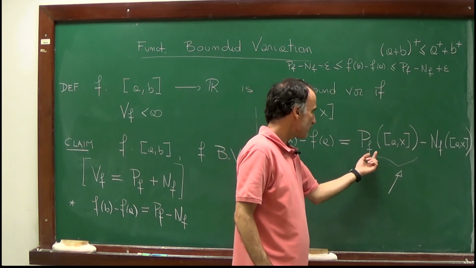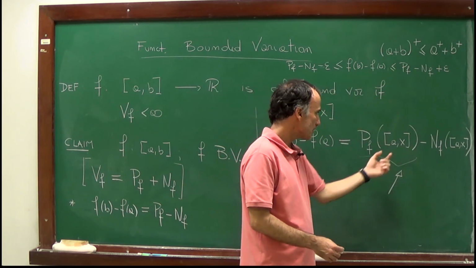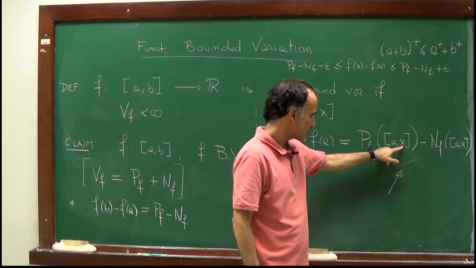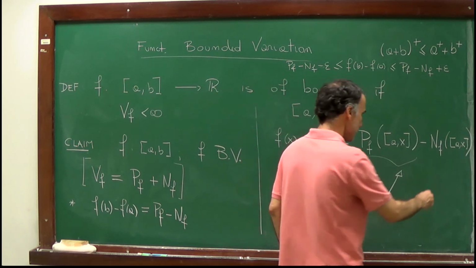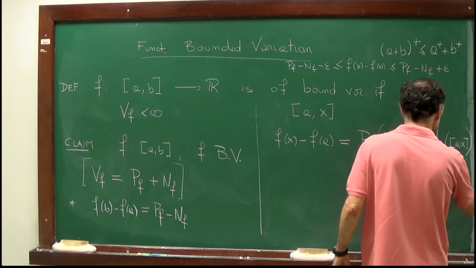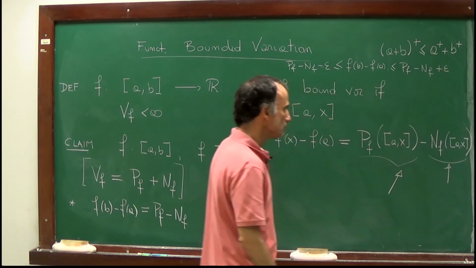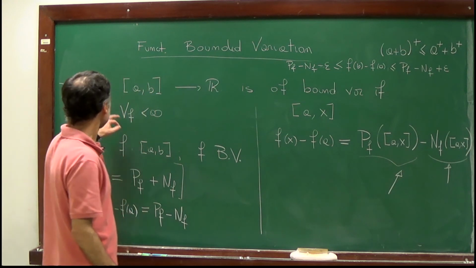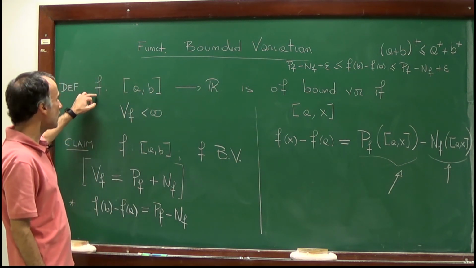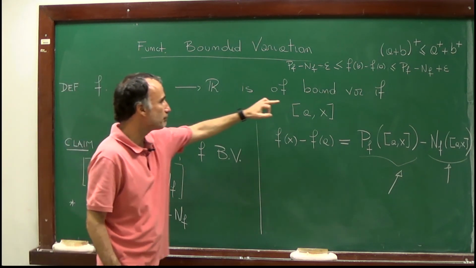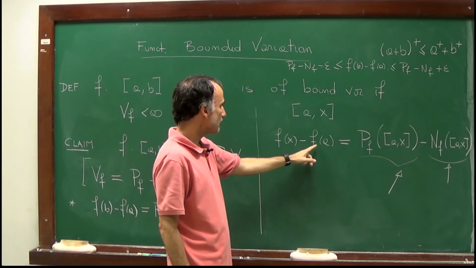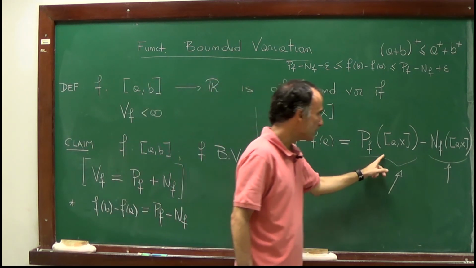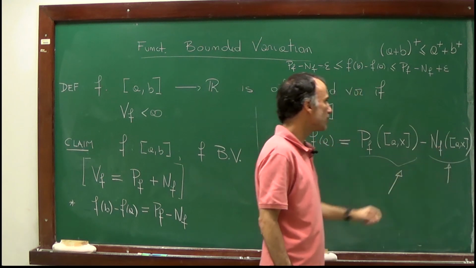The positive variation of f in the interval [a,x] increases as x increases. And the same thing here; this is also an increasing function in terms of x. Therefore, what we proved is that if f is a function of bounded variation, I can write f as the difference of two monotone increasing functions.